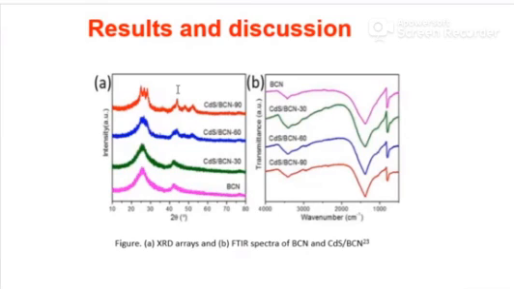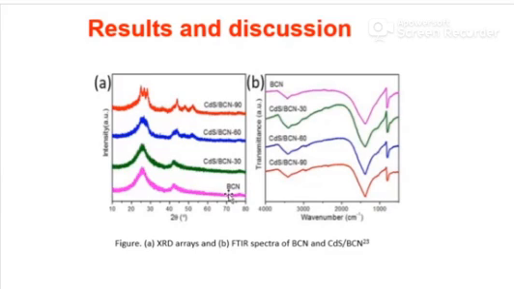in the results and discussion. Figure 1 displays the characteristic peaks at a 2 theta position of 26 degree, which is related to the 002 plane of BCN, and the other peak at 34 degree that belongs to the 100 plane of the same material.